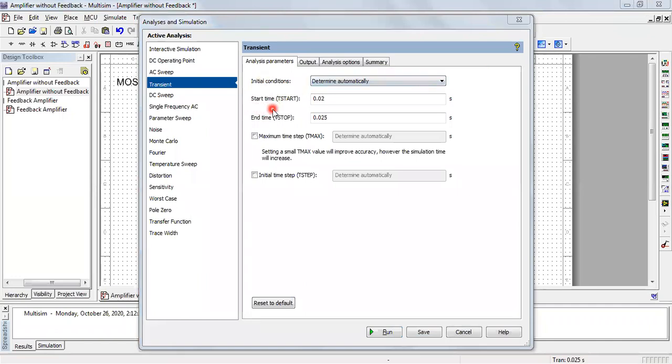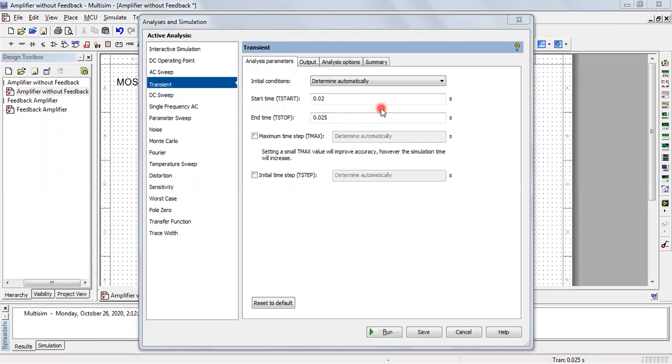I'm setting the start time to 0.02 seconds, which is 20 milliseconds, and the end time to 25 milliseconds. You should never start the transient analysis at zero time, because the transient response requires a settling time. The signal has to settle. It will become stable only after some time duration.